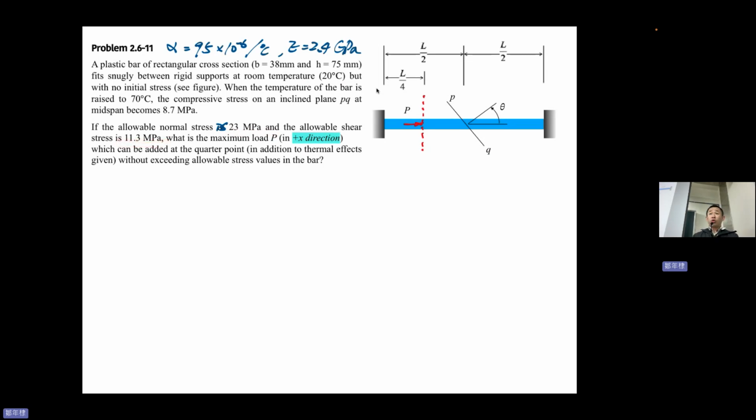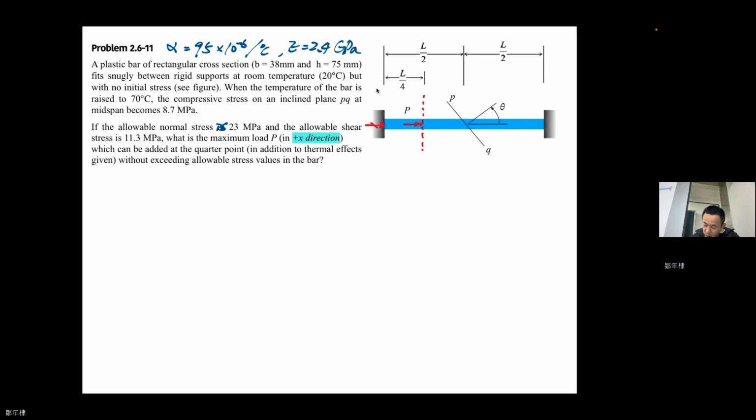Not break. So what will it be? This is really difficult because this is a statically indeterminate system with thermal effects, and you also need to do the incline. Whoa, this mixes all the problems you learned over the past few weeks. So let's take a look. How can we solve this?